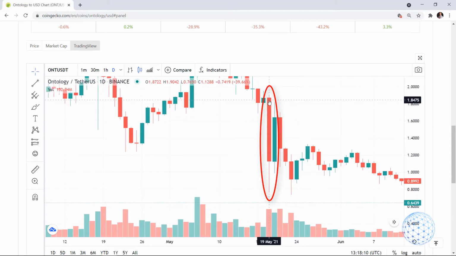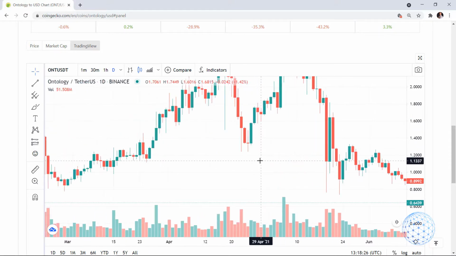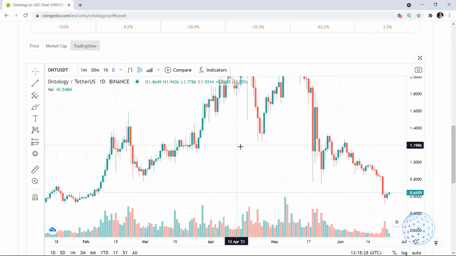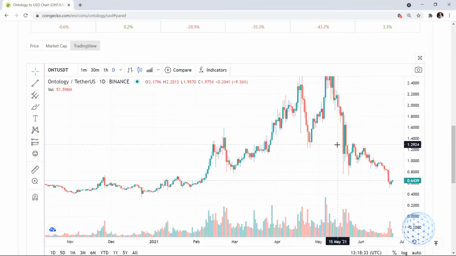If it is a red one, it means that the day opened at one price and closed at a lower price, and a positive day is when the day opened at one price and closed at a higher price and the candlestick is colored in green. Okay, I'm on CoinGecko right now, not promoting the website, just using their TradingView option.